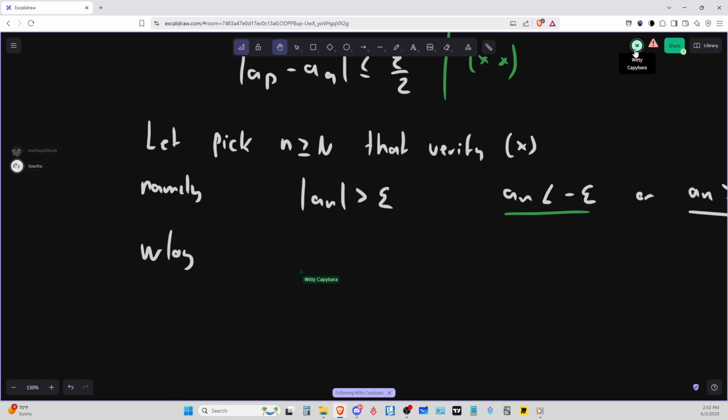In English, we say something like, without loss of generality, we may assume that a_n is bigger than epsilon.